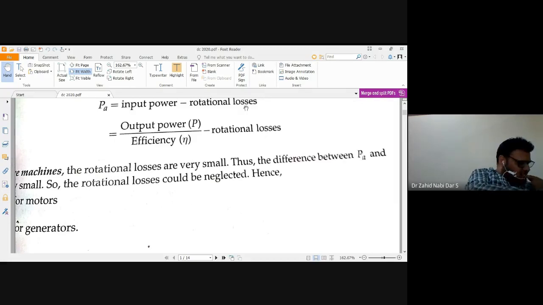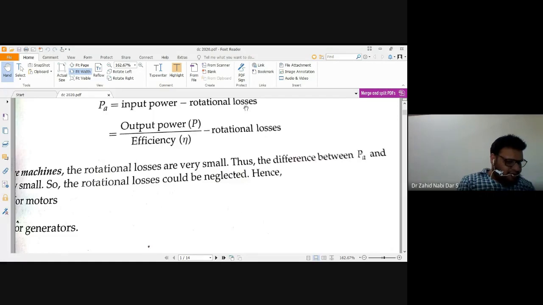In the case of small machines, the difference between the mechanical power and the actual power is also small, so the rotational losses may be neglected, and hence we can say our output power PA is equal to P.